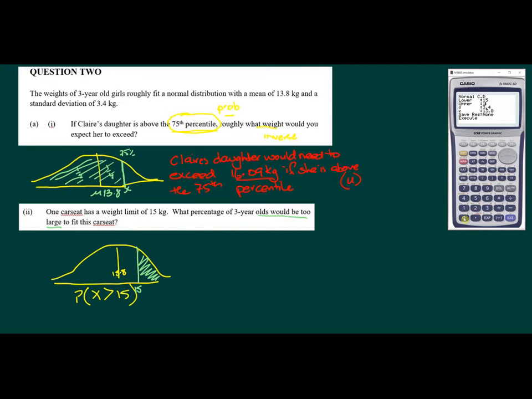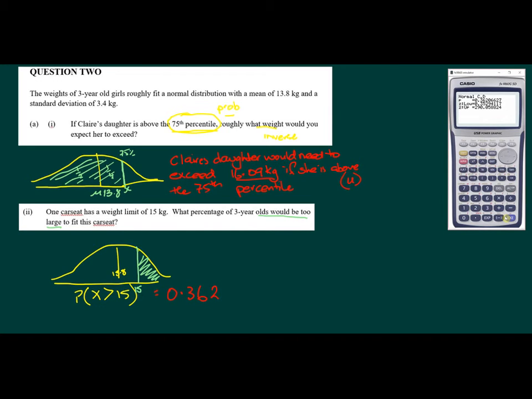Our upper limit, choose something ridiculously high, I'll just choose 1,000, and it's got the same details there. So we can see that our p-value, and that's all we're interested in, the probability that x is greater than 15, is 0.362.